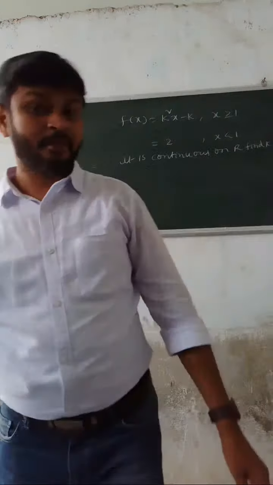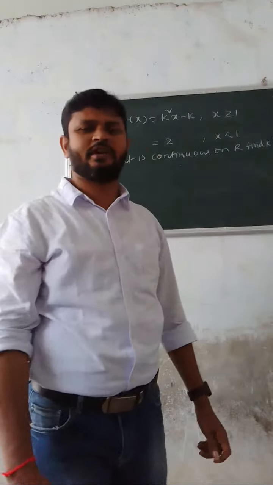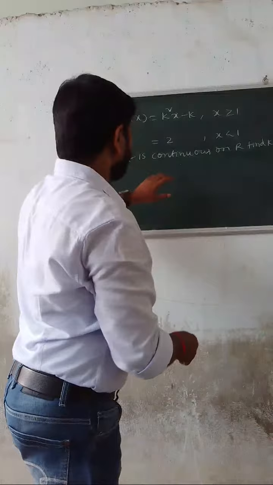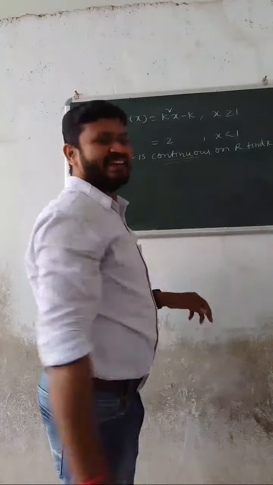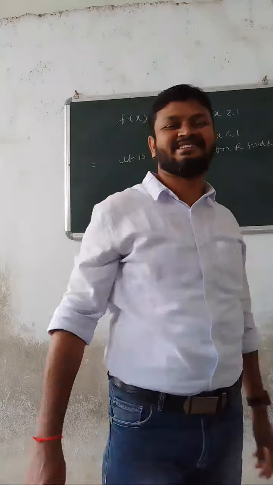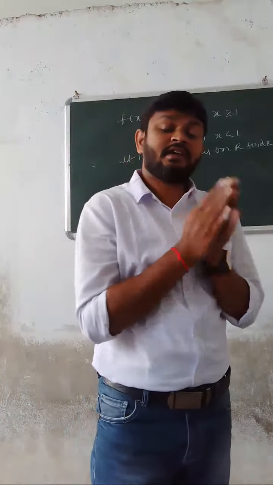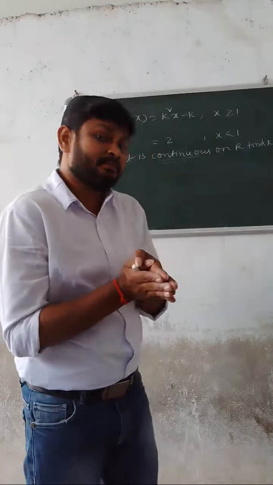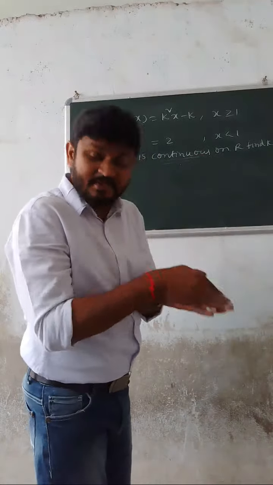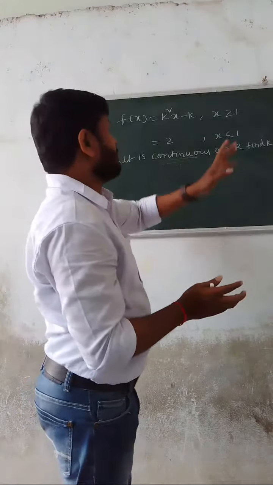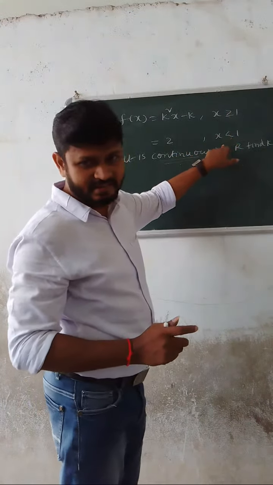Students, it is also a very important question for IPA. What does continuous mean? Already I told you, continuous means the first concept: right hand limit and left hand limit. Yes, it is used here. Now this question goes by that rule, because there is a greater than and a less than.